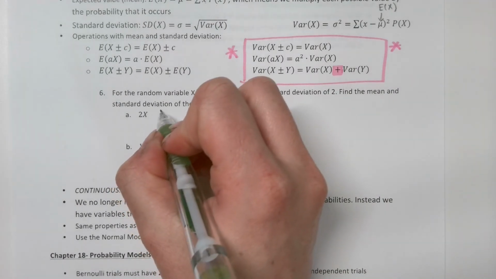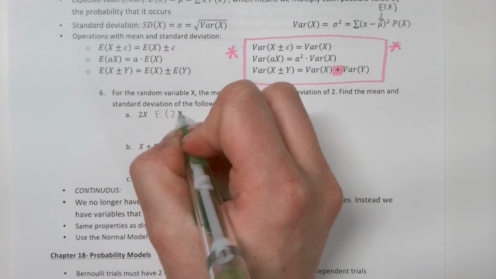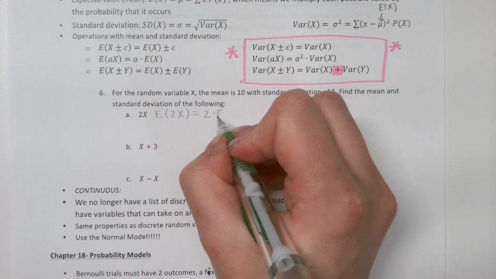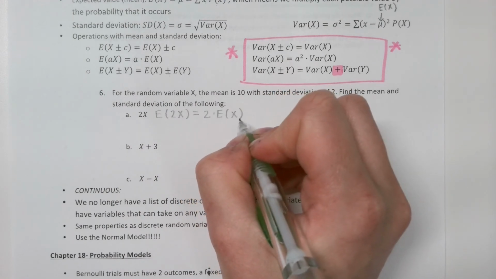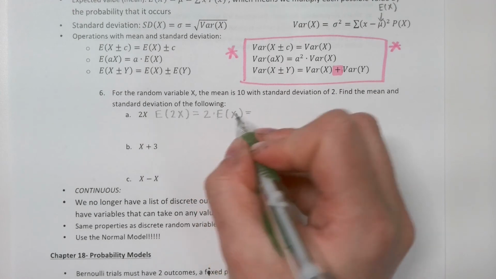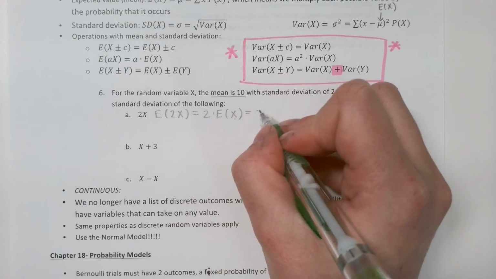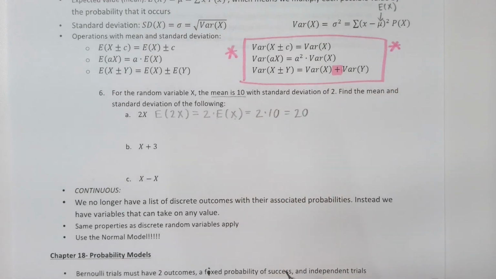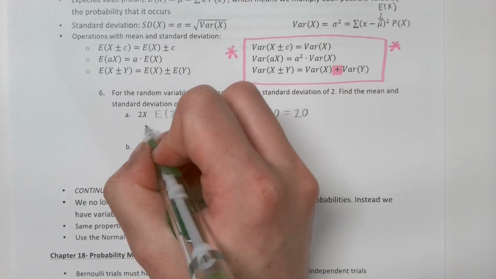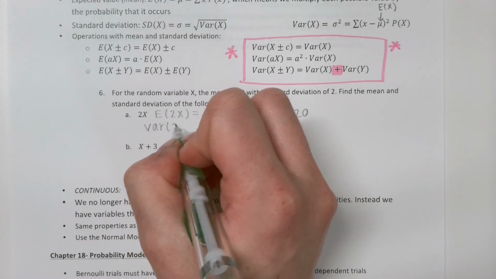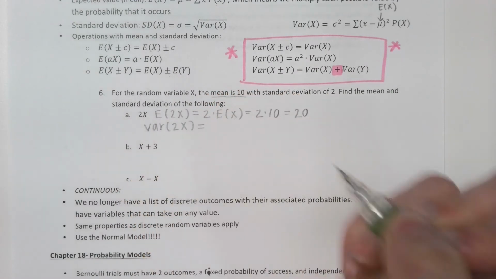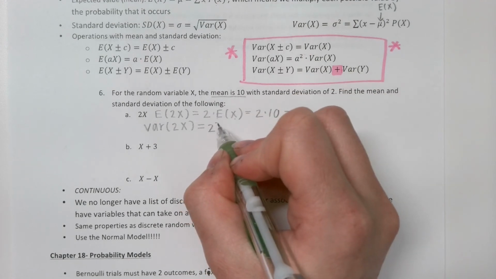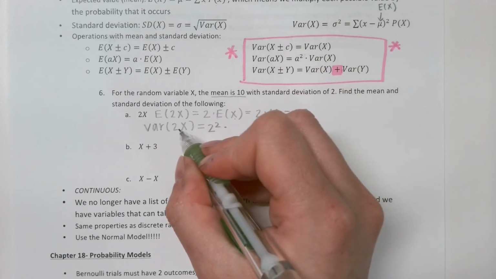So to find my expected value of 2x, I'm just going to split this up into 2 times the expected value. Well, the old expected value, or the mean, was 10, so 2 times 10 gives me 20. Okay, finding the variance of 2x. Remember that multiplication needs to be squared, so 2 squared times the variance.